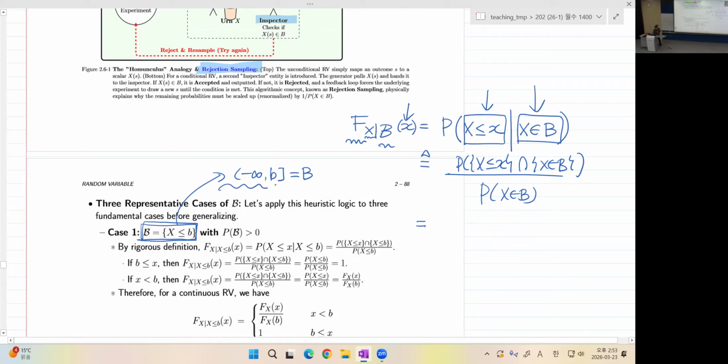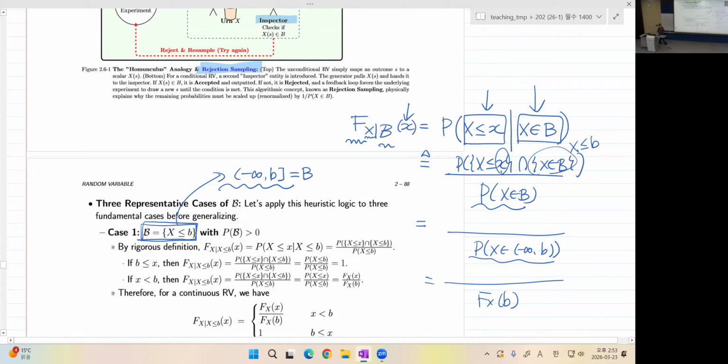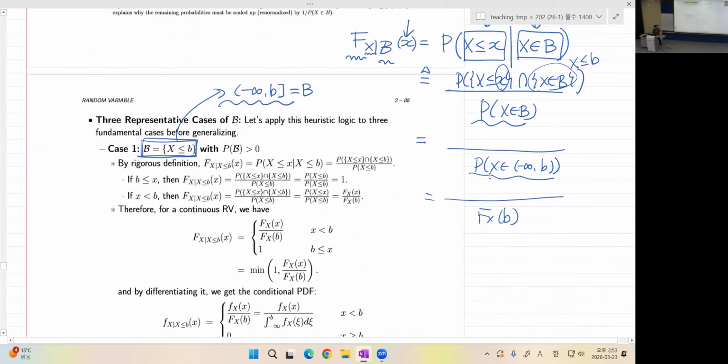When we have this semi-half interval, what is this one? X in B is nothing but the CDF of X evaluated at B. What about this one, X less than or equal to B? So whether x is greater than B or less than or equal to B, you can simplify this event. And interestingly, you have this result.